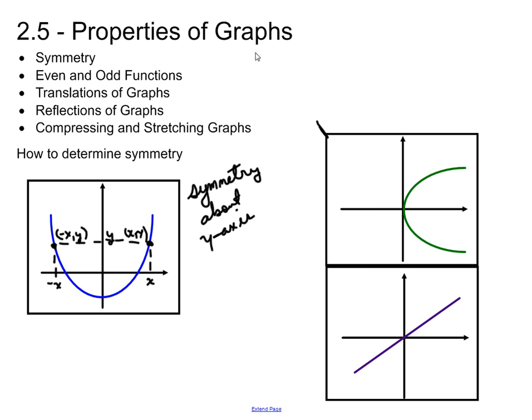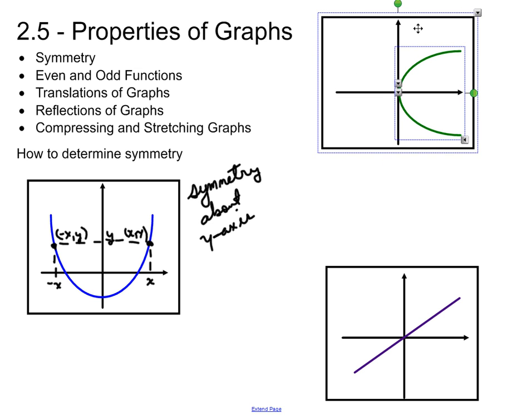The next graph over here in green, if I can get this thing to snag it, there we go. The next graph over here is said to have symmetry about the x-axis.